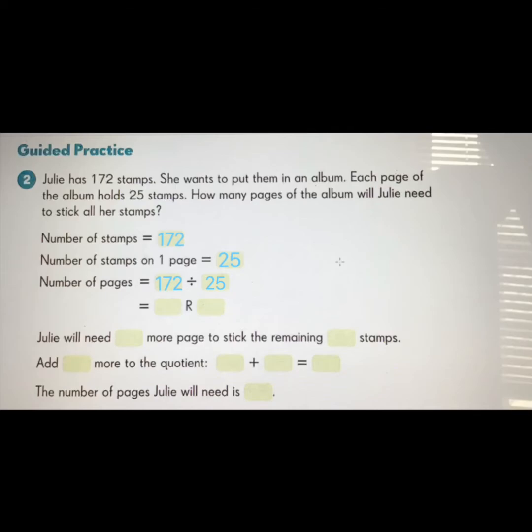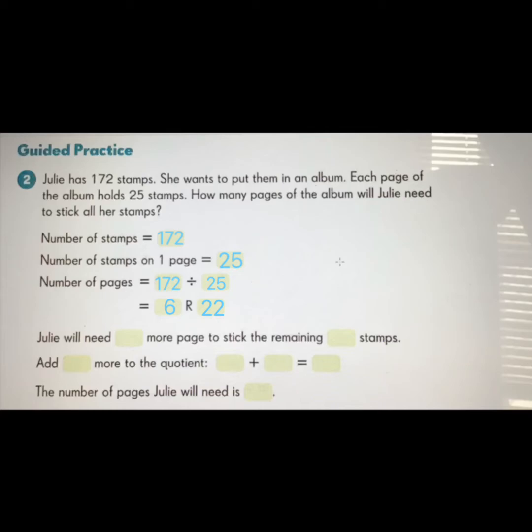Knowing that Julie has 172 stamps to start with, and knowing that only 25 stamps can fit on a page, we are going to divide 172 by 25 to find out how many pages she will need for her album. When you divide 172 by 25, you get the answer of 6 with a remainder of 22. So we now have the answer of how many pages of the album Julie will need, which is 6, but because we have a remainder, we want to include that in our answer.